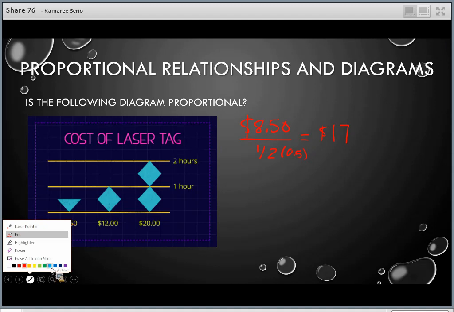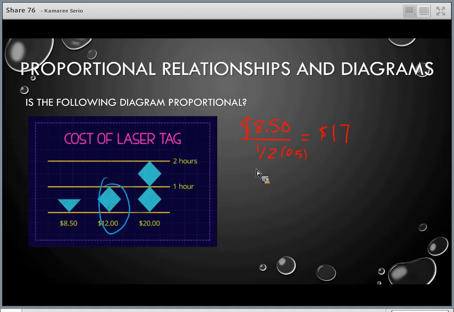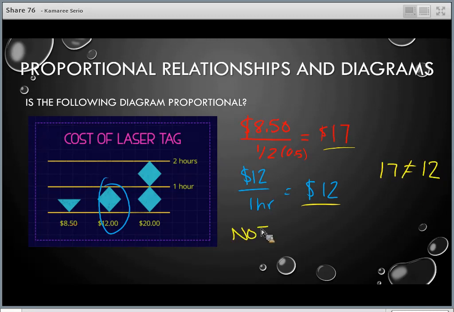Now let's do the second one here, this one. I'm paying $12 for 1 hour. Well, 12 over 1 is just 12, right? If I'm paying with one choice $17 per hour and another choice $12 per hour, those unit rates are not the same, right? Because 17 does not equal 12. So this diagram is not proportional.